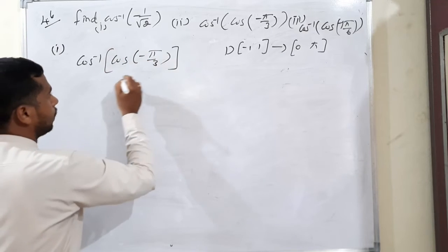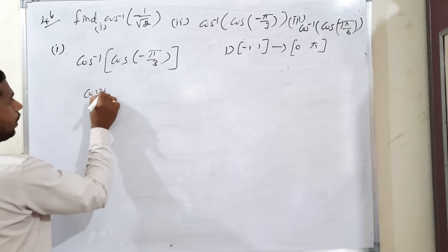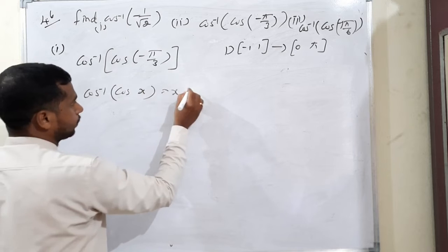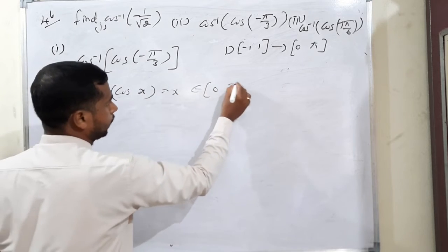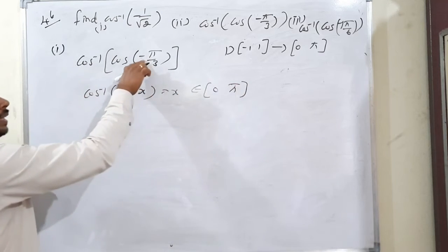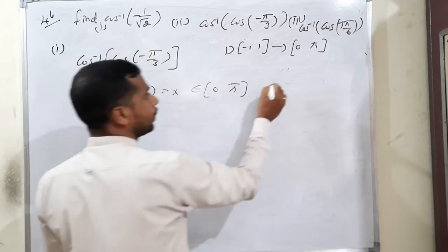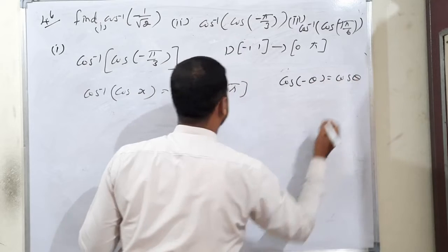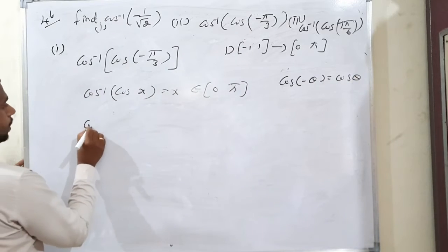Simply, cos inverse of cos x is equal to x when x belongs to 0 to pi. That means a positive value, but here there is a negative value. Already we know cos of minus theta is equal to positive cos theta. Therefore, just rearrange it.